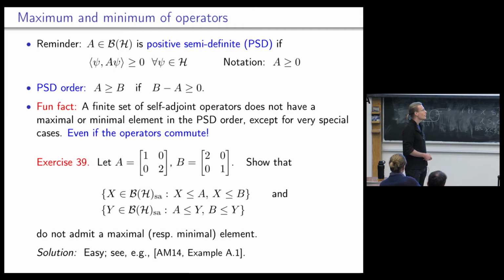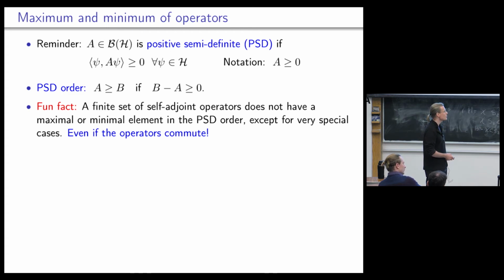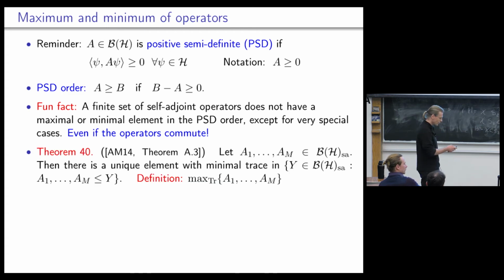So this order is indeed very different from the usual order of numbers and functions. But here's a theorem: if you take again a finite set of self-adjoint operators, we have seen that there is no maximum of them with respect to positive semi-definite order. But if you change the definition of the order, then there is a unique maximal element. Namely, you can look at all the upper bounds with respect to the positive semi-definite order.